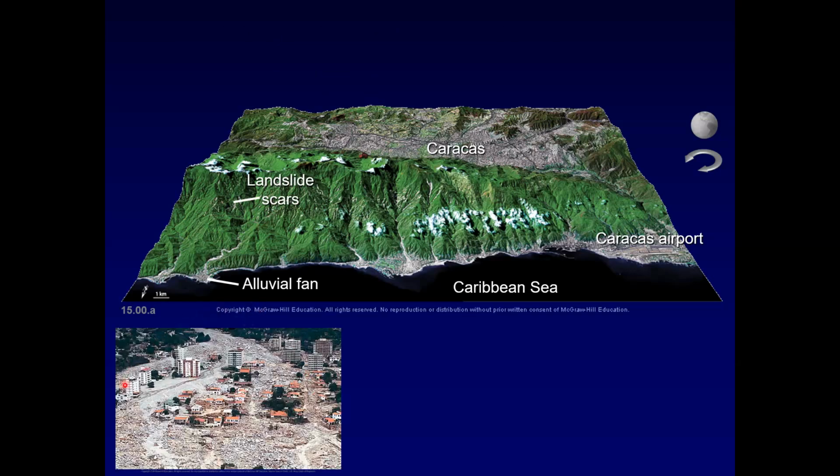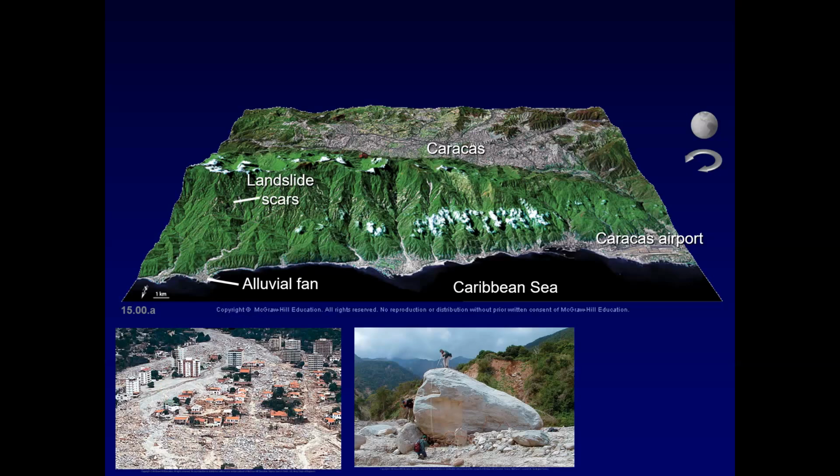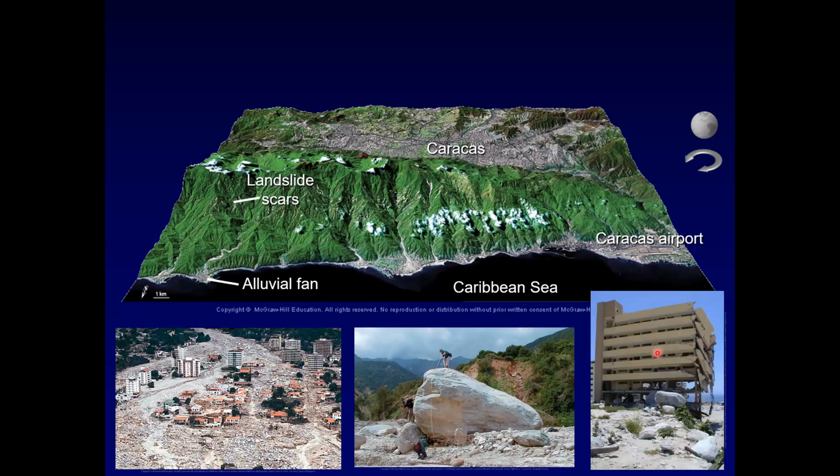We have an image of an urban area impacted by a landslide, large erratic boulders from those pathways, and some damage to a building.